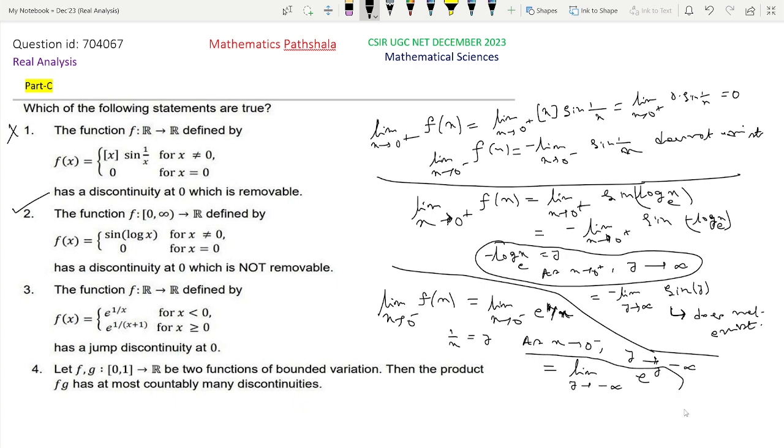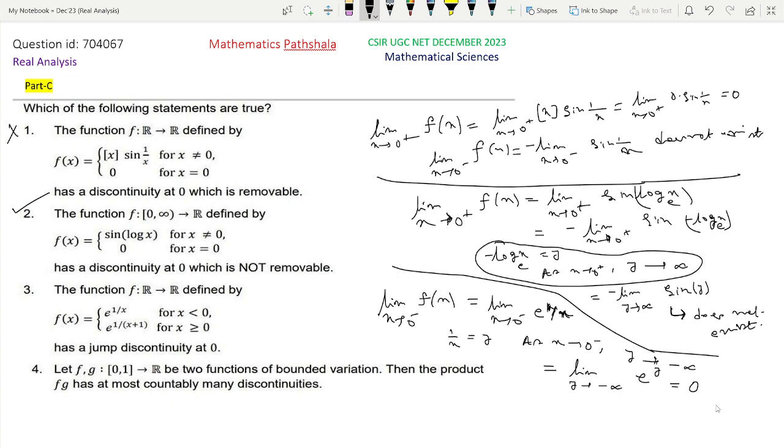So this limit is, as y tends to minus infinity, e to the power y tends to 0. So first we thought that this limit does not exist, but that is not the case.